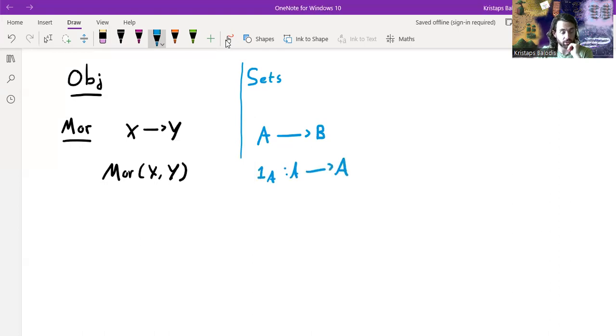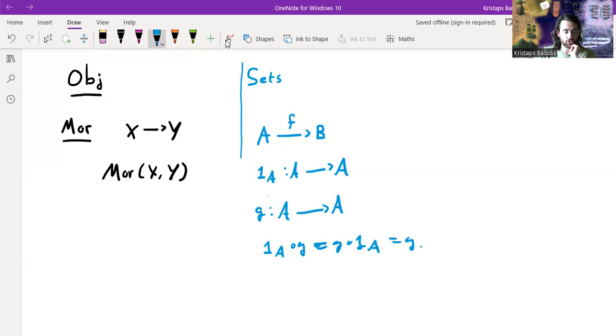And by does nothing, I mean, if I called this f, it's always the case that if I were to compose f with the identity function, or rather, if I have any other function g from A to A, then it must be the case that 1_A composed with g is the same thing as g composed with the identity, which is just g, right? So sort of like the identity axiom of a group. Hint, hint. There's interesting categorical stuff there.